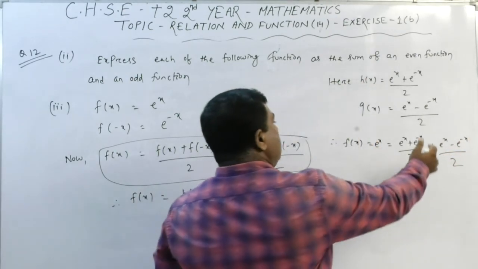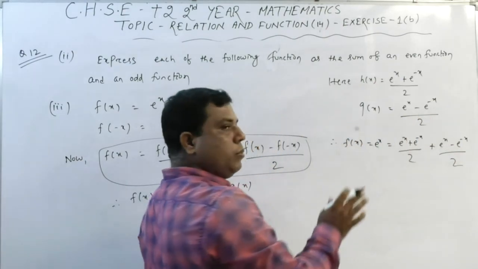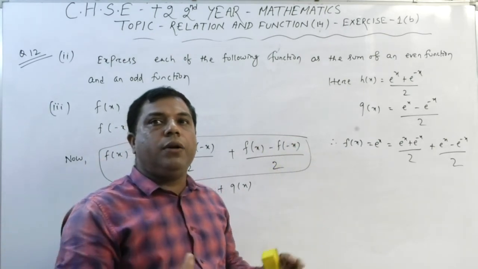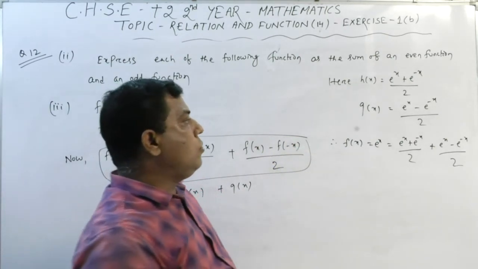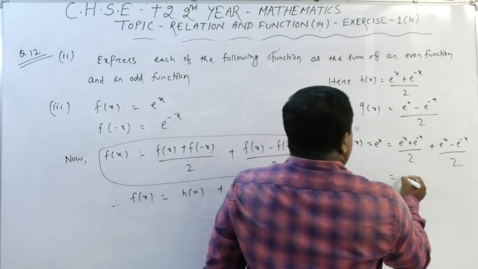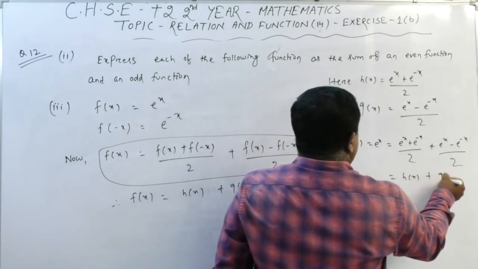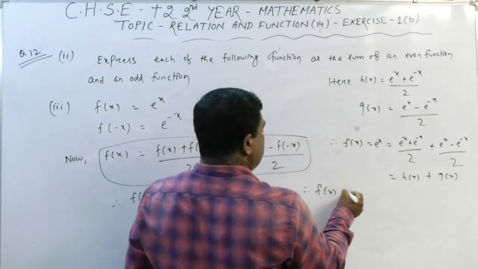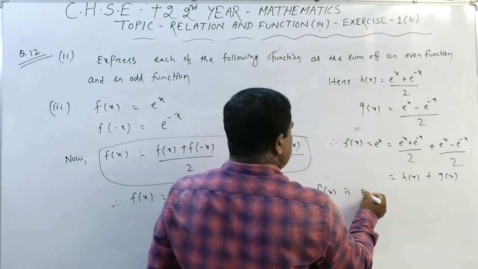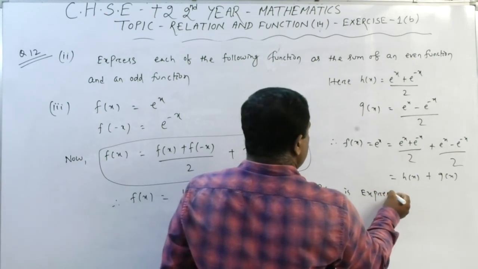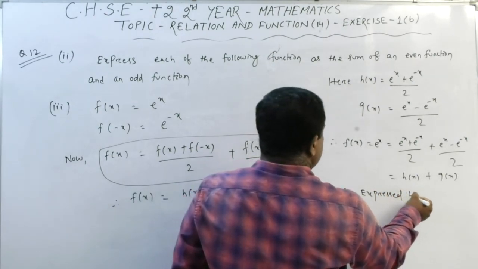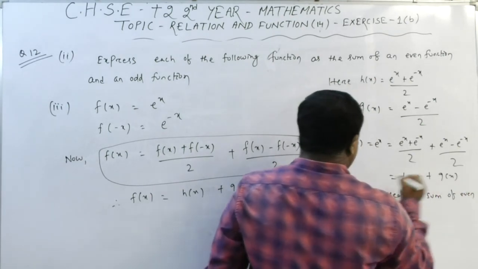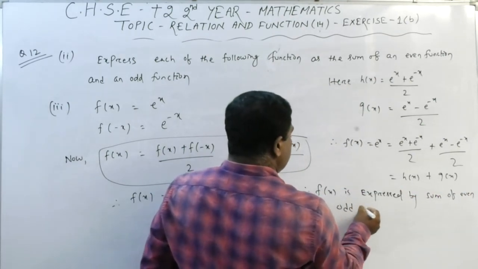You see, it is the same result, equal to e to the power x, but what we do? We are able to split it into two different functions, out of which one is even and the other is odd. Therefore, f of x is expressed by the sum of an even and an odd function.